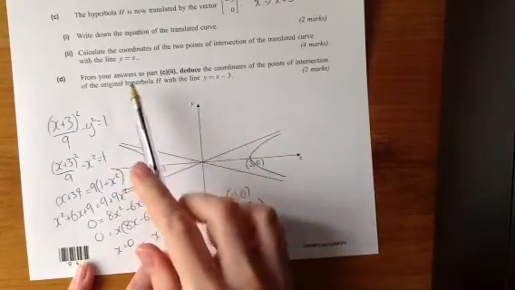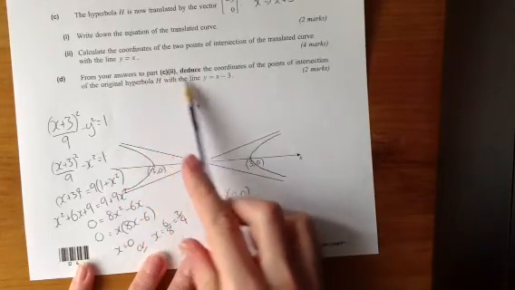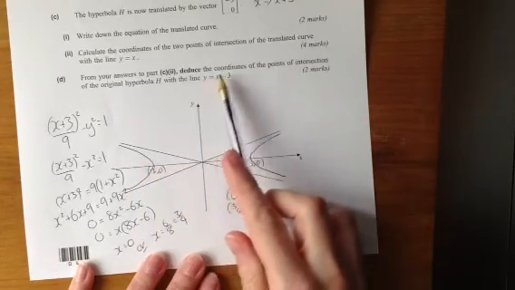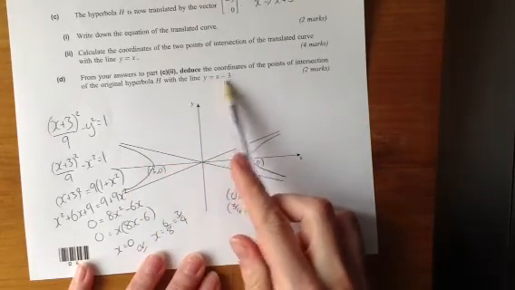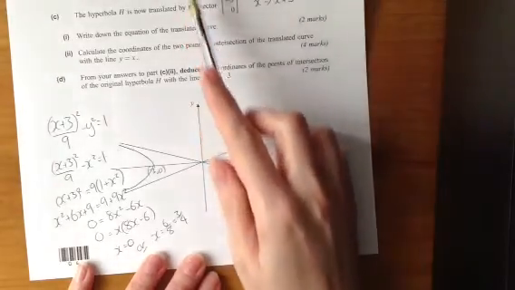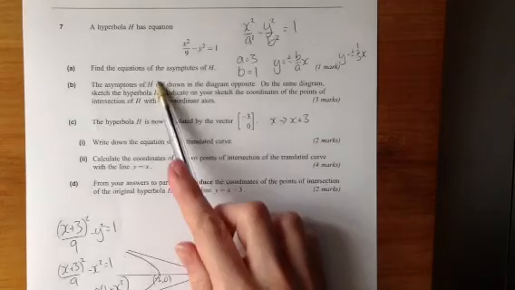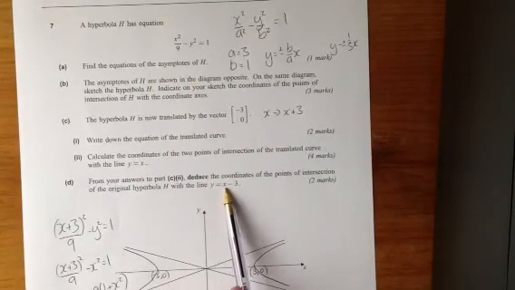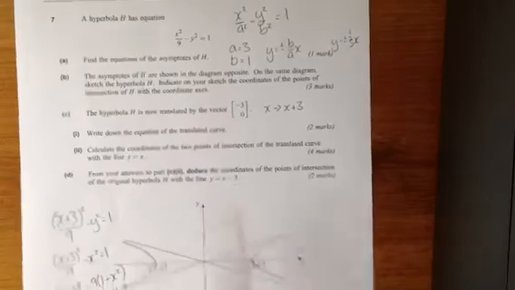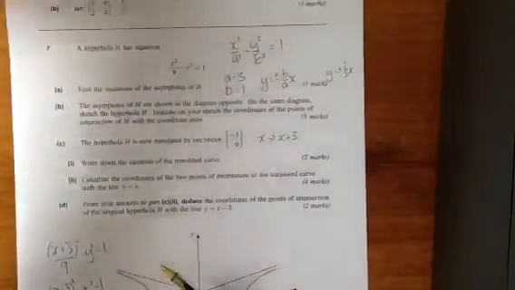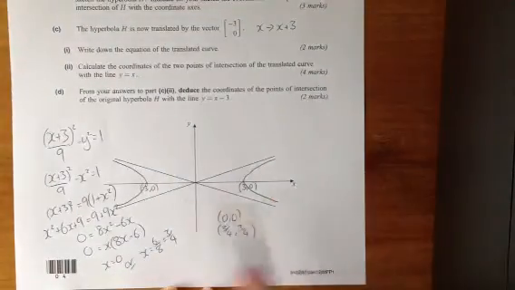Okay. From your answers to part C, deduce the coordinates of the points of intersection of the original hyperbola with the line y equals x minus 3. So this one, we're talking about the original equation up there, and we're looking at the line y equals x minus 3. So x has been replaced with x minus 3, which means it's a translation of 3 units across with the x. We're not changing the y's at all.